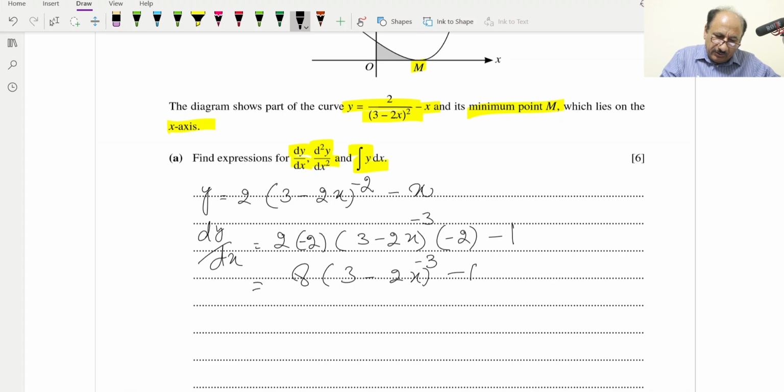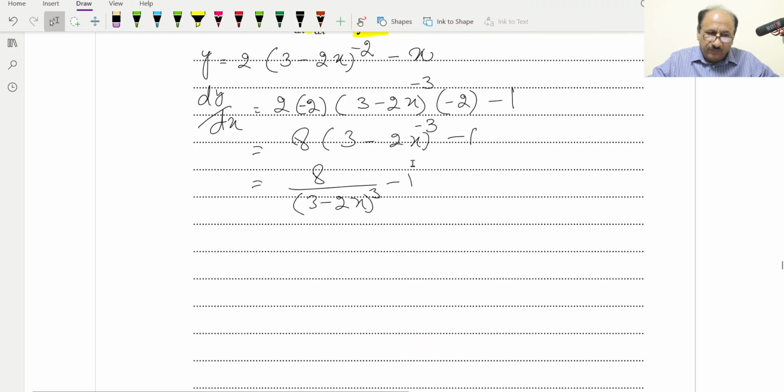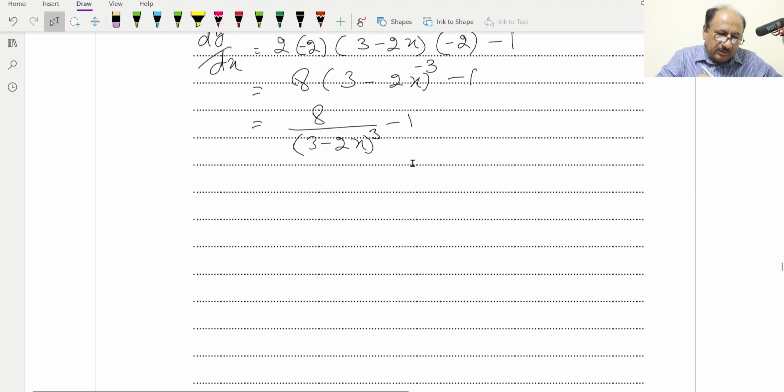So we can finally write it as 8 over (3 minus 2x) to the power 3, minus 1, and this will be the derivative. After writing the first order derivative, we have to find the second order derivative. The second order derivative means the derivative of the derivative.